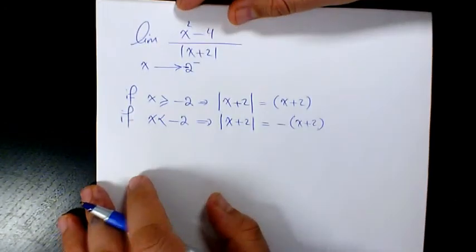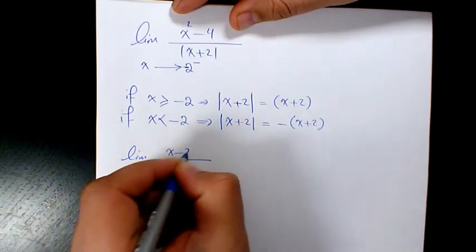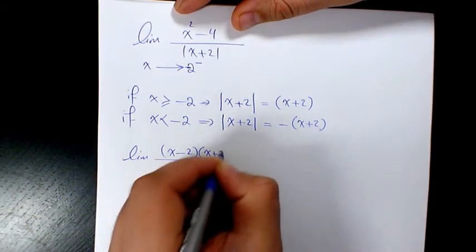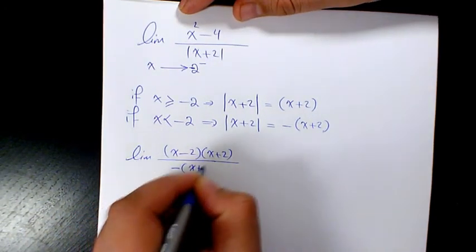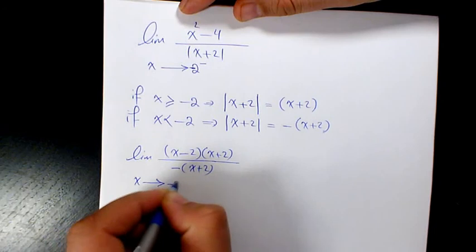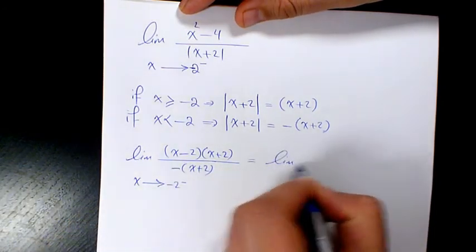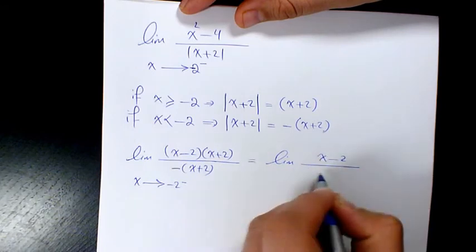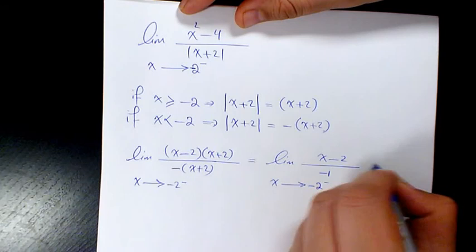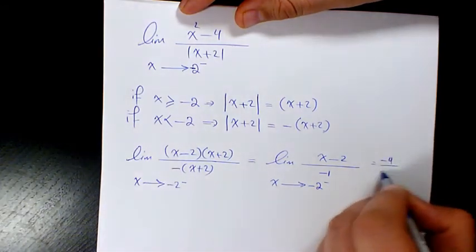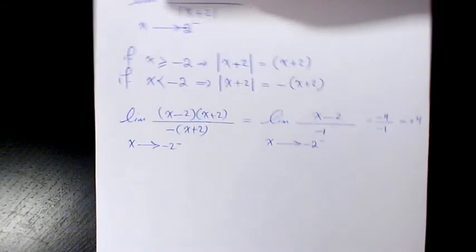So that's going to make it the limit of x minus 2 times x plus 2 divided by negative x plus 2 when x is approaching negative 2 minus. These two cancel out. It's going to be the limit of x minus 2 over negative 1 when x is approaching negative 2. So it's going to be negative 4 over negative 1, which equals positive 4.